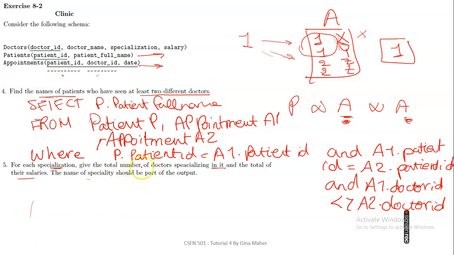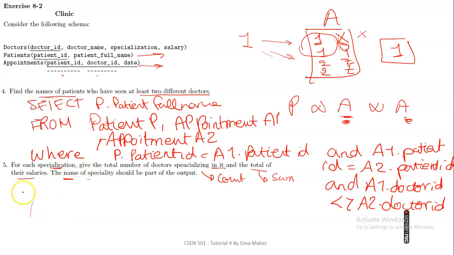In order to count the number, we can use the aggregate function count to get the total number of the doctors, and for the total of their salaries, we need to sum the salaries in this specialization. So in this case, we are going to use sum. And we should get the name of the specialization as part of the output.